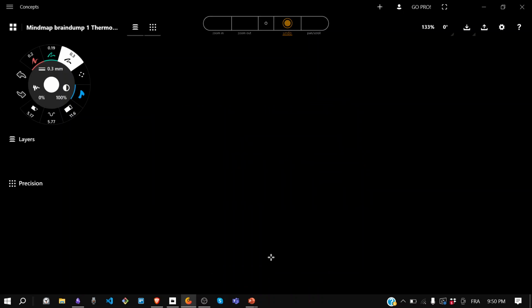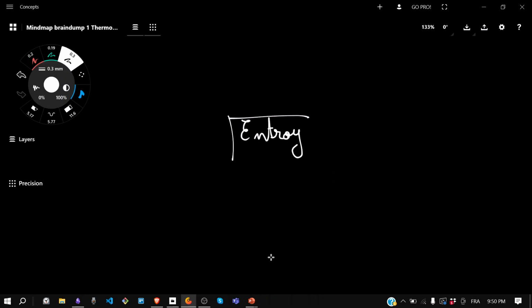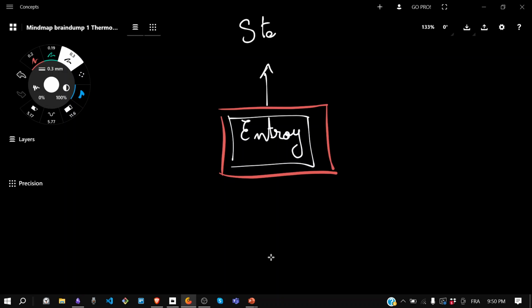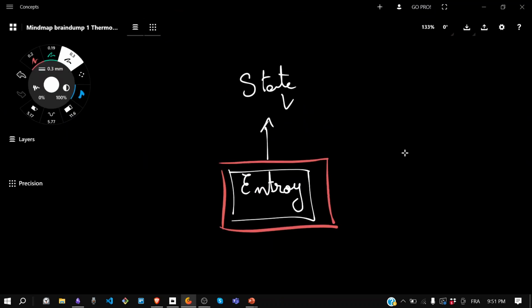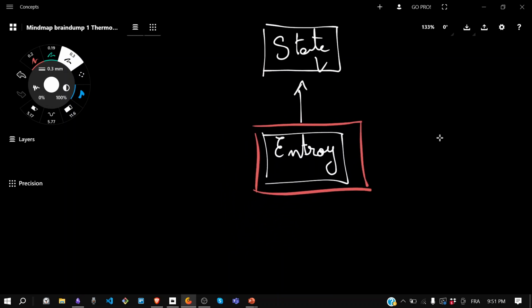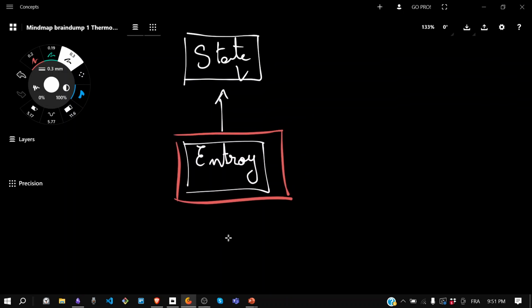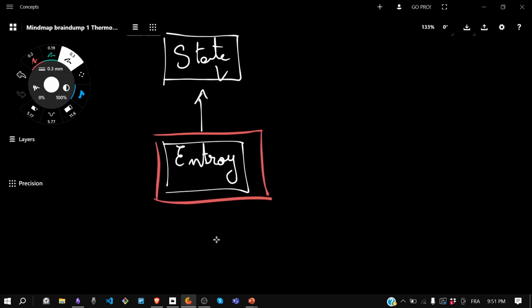Okay, so entropy is a state variable. Now, what else is a state variable? Also, it is the measure of chaos. I'm going to put measures chaos.